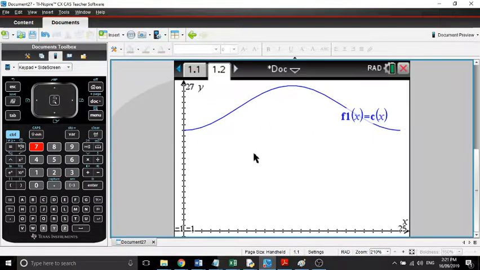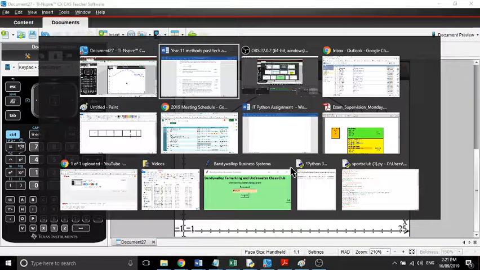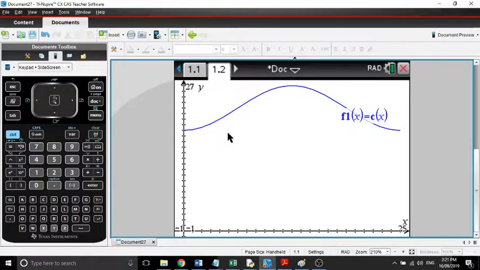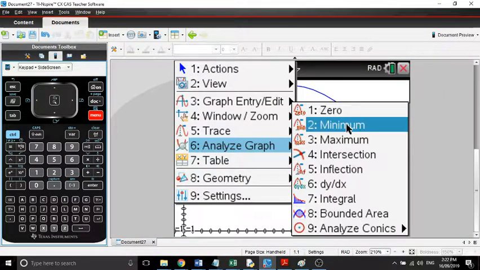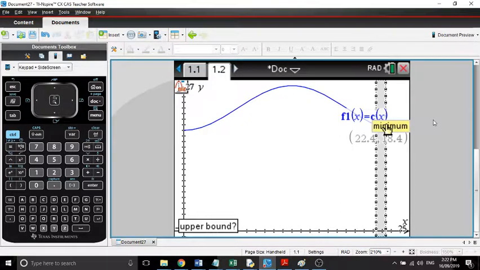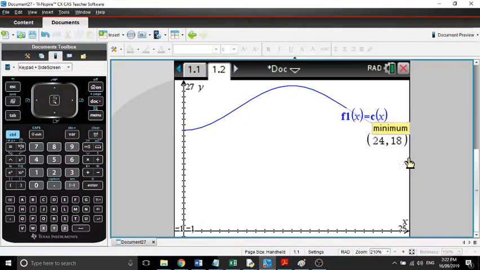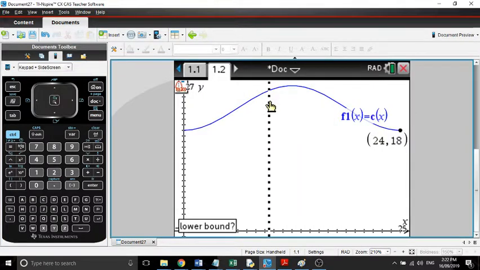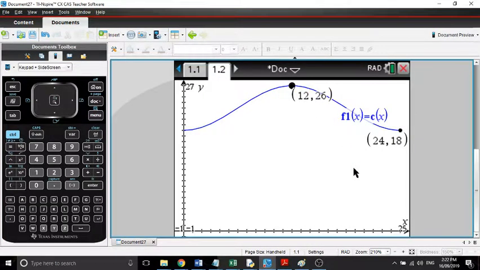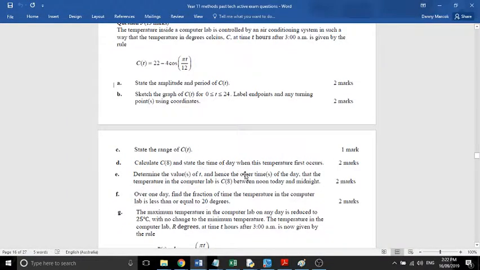There we have our graph. Now we can start answering. For the range, menu, analyze graph, minimum, maximum. The minimum is 18, the maximum is 26. So 18 to 26 is our range.